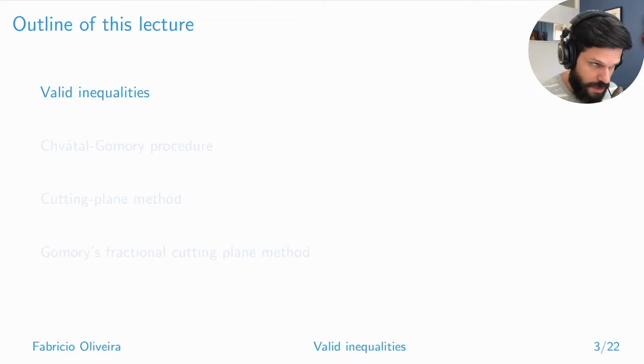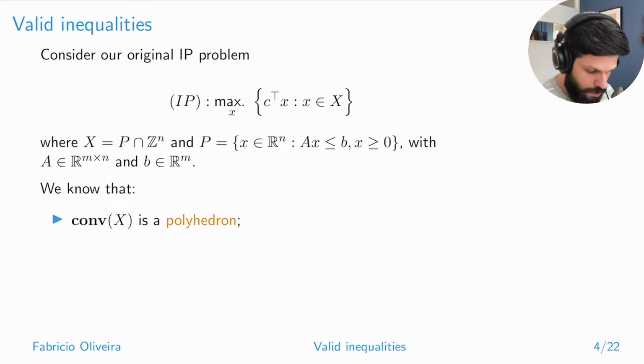All right, so let's first start with this notion of valid inequalities, what they are and what makes them valid. Just to get the context right, we are once again trying to solve integer programming problems where the feasible set X is the intersection of a polyhedral set, which has a formulation like so, and Z, remember, means the set of integer numbers.